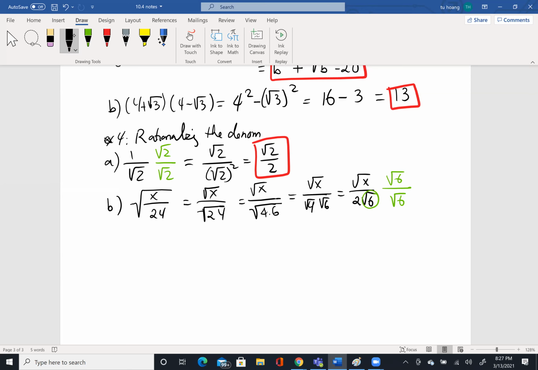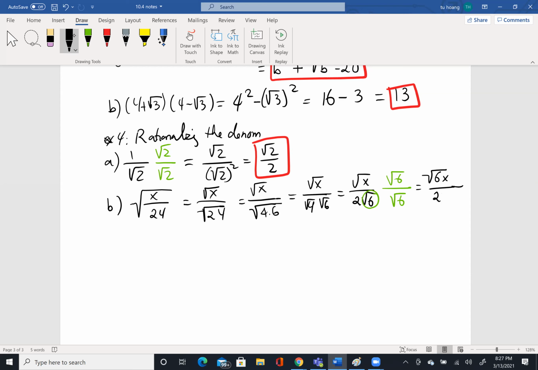And since you have square root of 6, you're going to have square root of 6x using the product rule on the top. And the bottom is going to become 2 square root 6 squared.